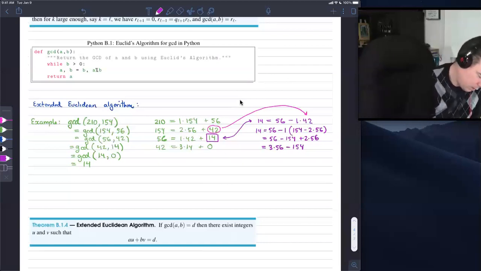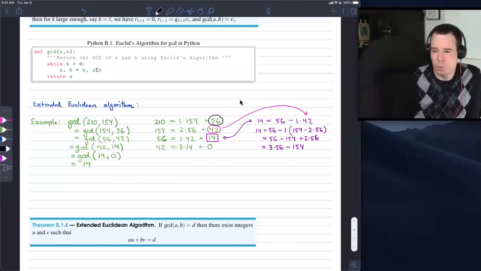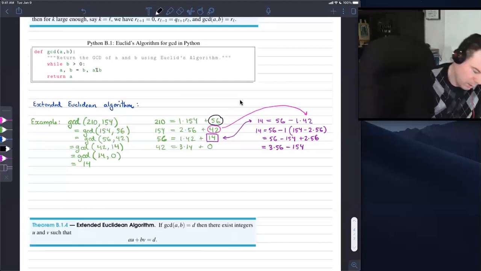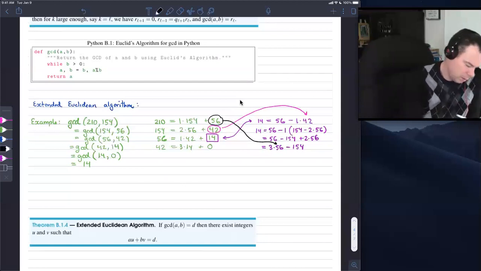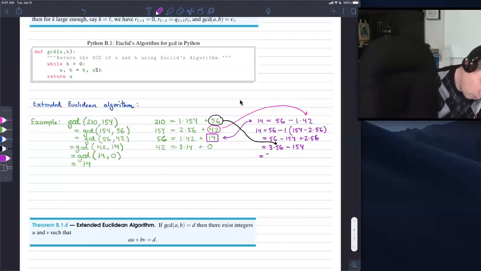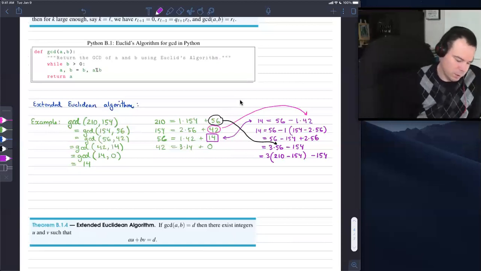Now 56 can be rewritten in terms of 154 and 210. I'll take that 56 and plug it in there. So this is 3 times 210 minus 154, and then minus 154. I've just plugged in for 56 the fact that it's 210 minus 154.